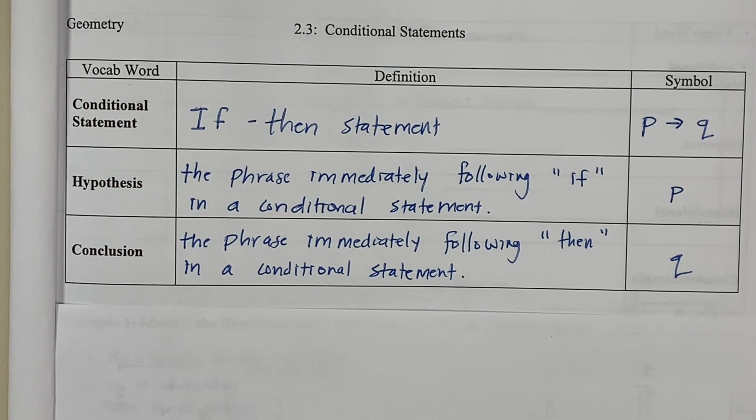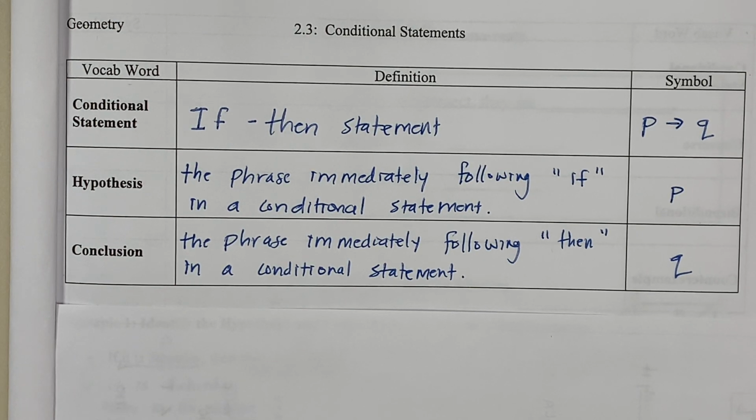Within the geometric proofs, we're going to have definitions and theorems and postulates that are written as conditional statements or the converse of a conditional statement. So we're going to take some time today and familiarize ourselves with conditional statements, the converse of a conditional, the biconditional, and then the truth value behind those statements.